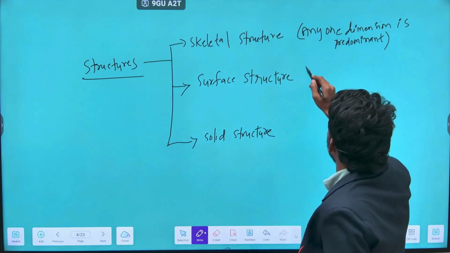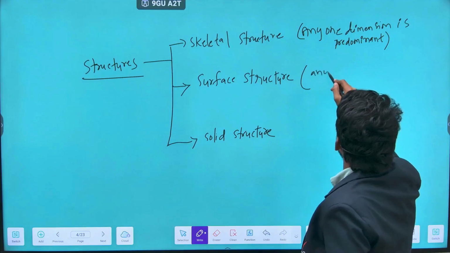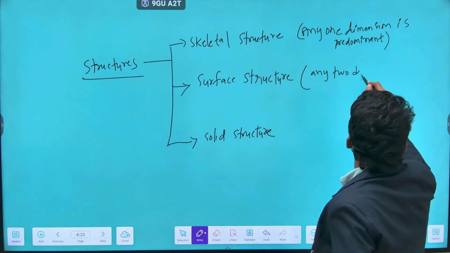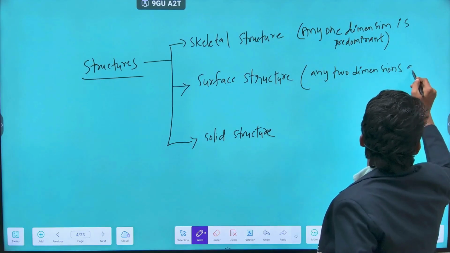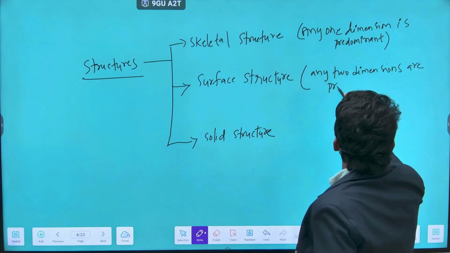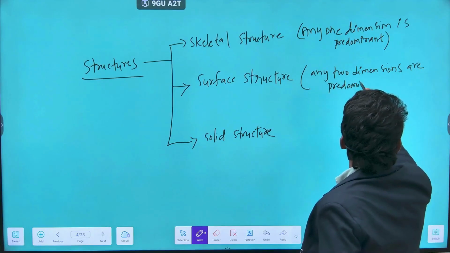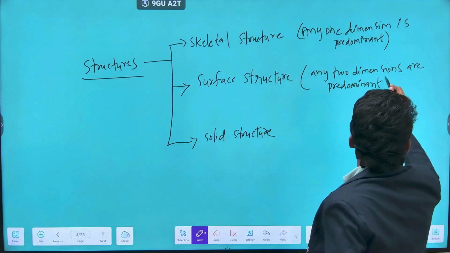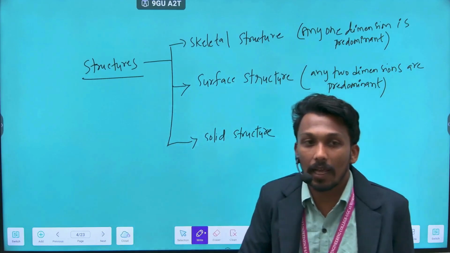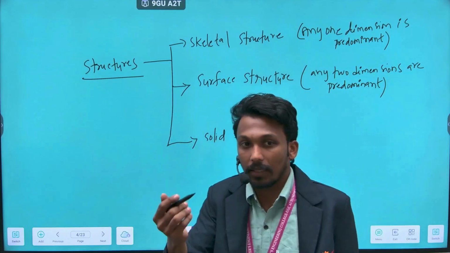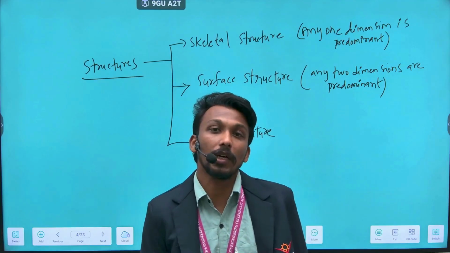Similarly, a surface structure means any two dimensions are predominant. Let us take the example of a slab. For a slab, the length and width are predominant when compared to the thickness of the slab.